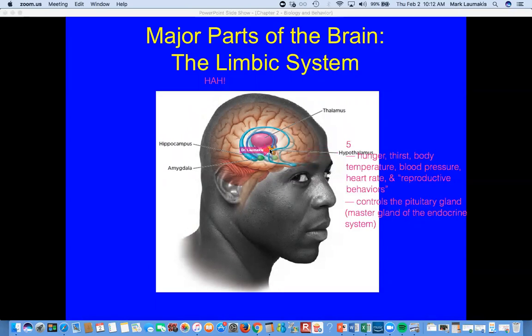Okay. All of those different things. I would mention here, because I've got something here about body temperature and blood pressure, you might look at your notes and say, oh, I thought you said that the medulla was in charge of that stuff. I did. It turns out that different aspects of our functioning can be regulated by different parts of the brain. So we talked about the cerebellum as muscle movement, coordination, and balance.